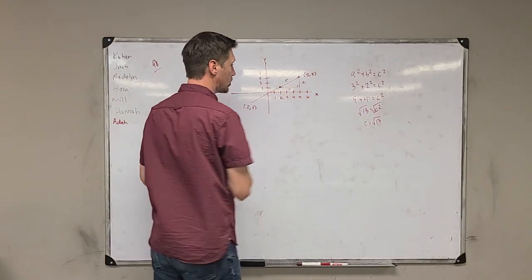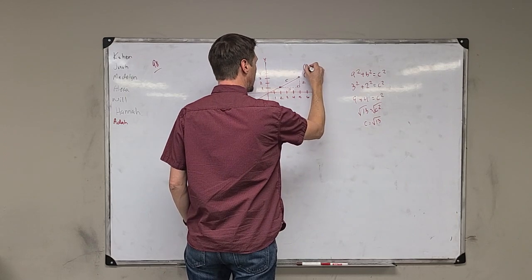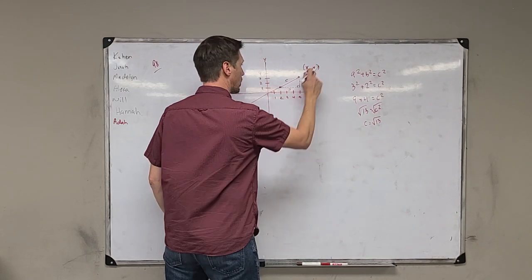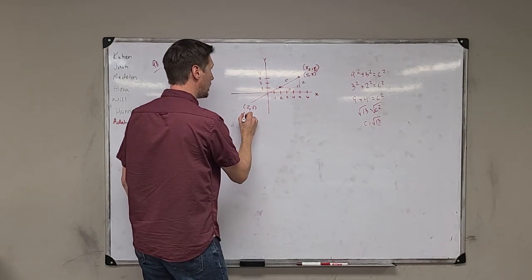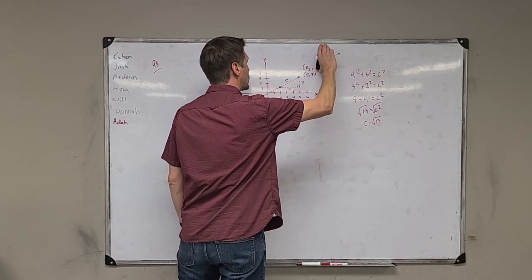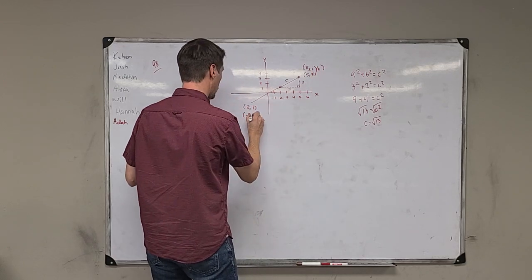And so what that tells us is that I could think of my a squared here, which we said was 3. I could think of that if I generically name these points x2, y2. This is my second point. And this is my first point, x1, y1.